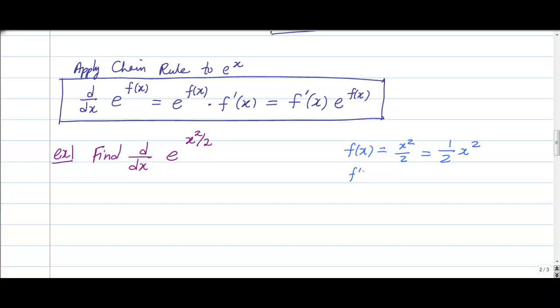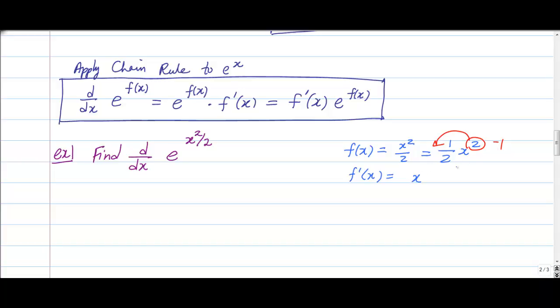So the derivative of that is we pull the 2 to the outside, right? Minus 1. 2 times 1/2 gives me 1 x to the 1. You can write out the steps in between.